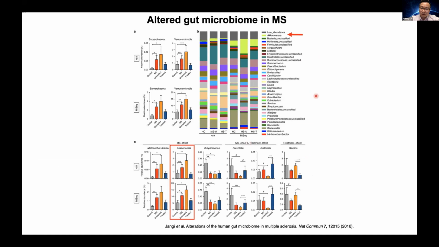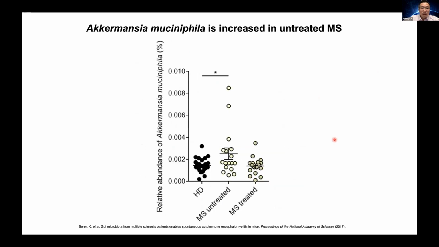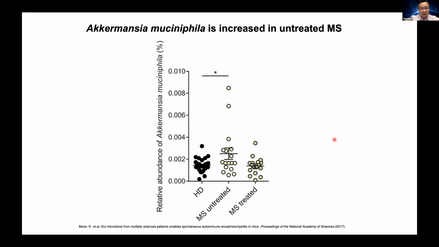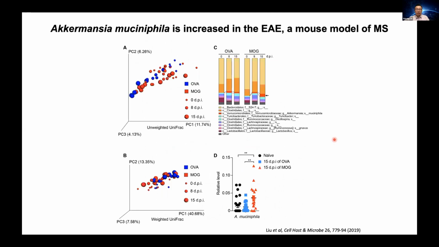As we published previously, the specific bacteria named Akkermansia muciniphila is increased in the untreated MS patient. And this is just the qPCR data. Also, another cohort also showed that it is increased in the MS patient. And when we look at the animal model, we also find Akkermansia was increased in the peak EAE.